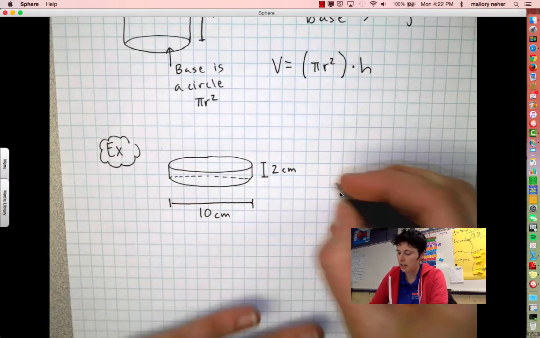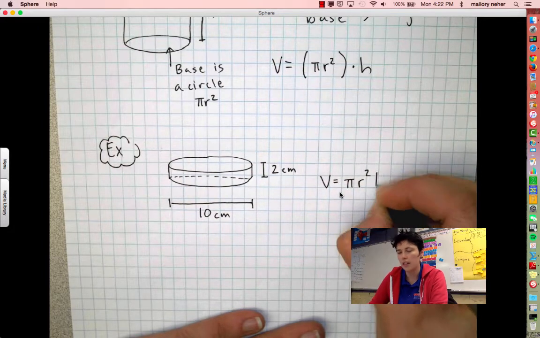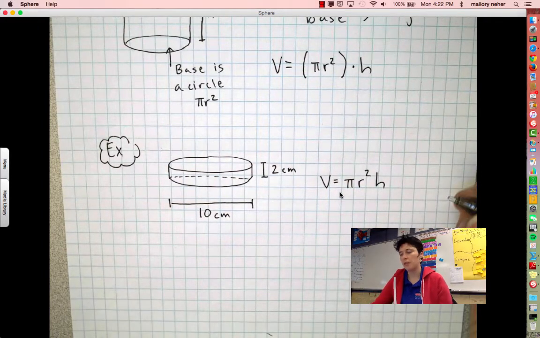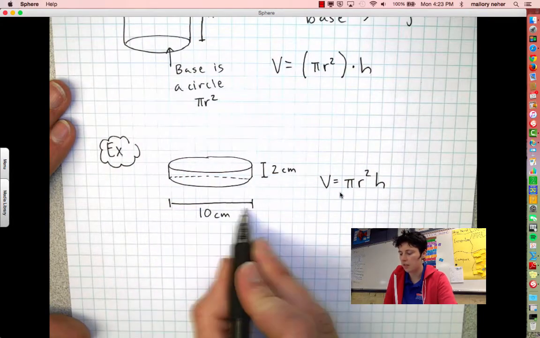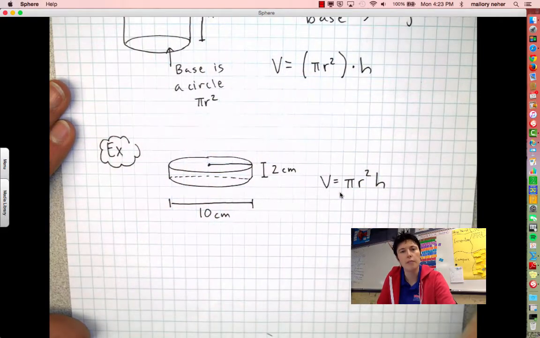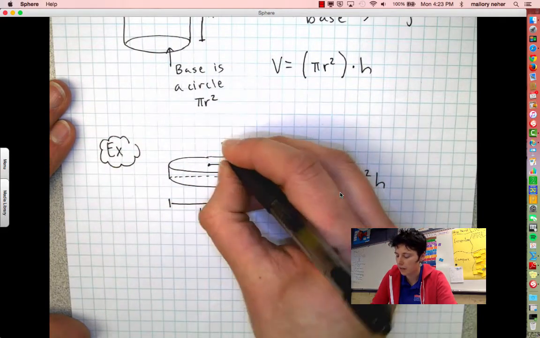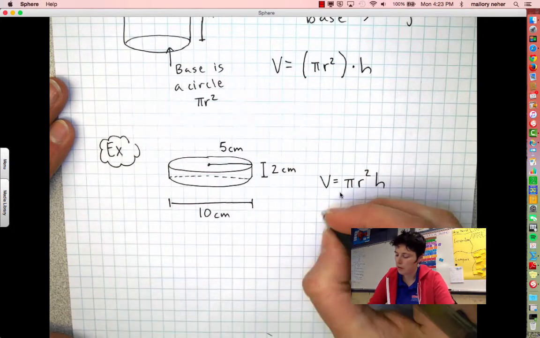So I look at it and say, oh, it's a cylinder. Volume is pi r squared times height. Area of the circle times the height of the object. And if my distance across here is 10 centimeters, then my radius will be half of that. My radius is only going to be 5 centimeters. So what I do is I go to my formula and I rewrite it.